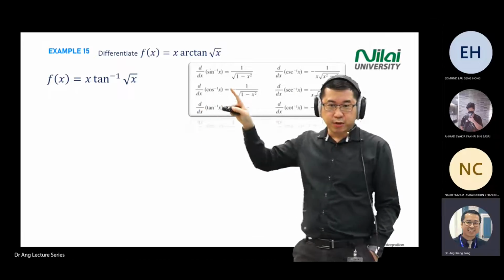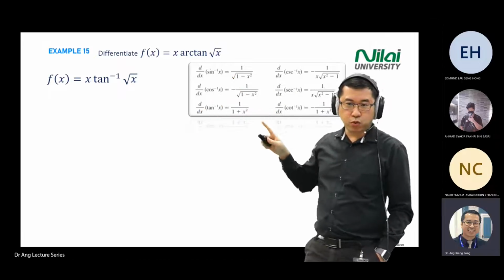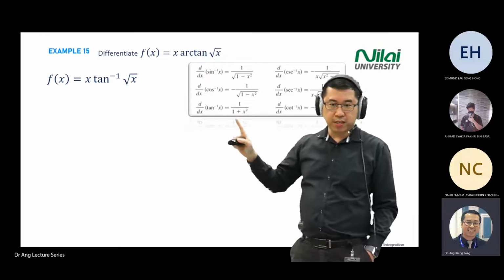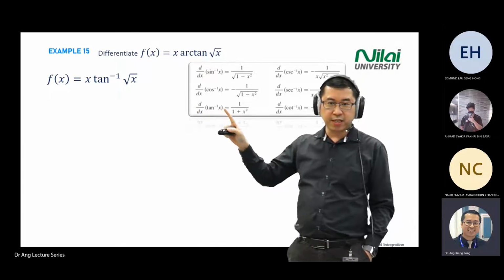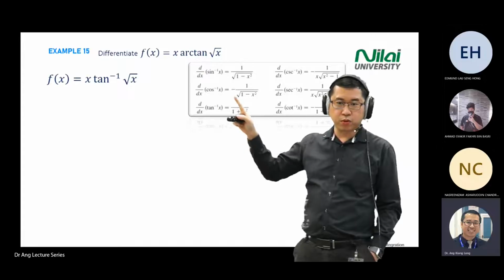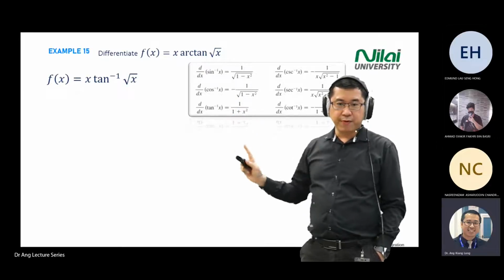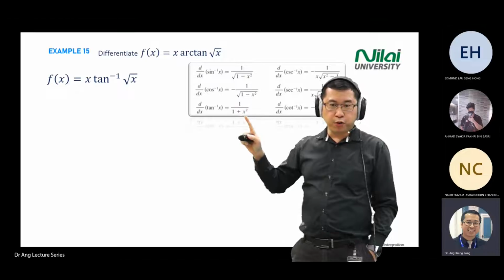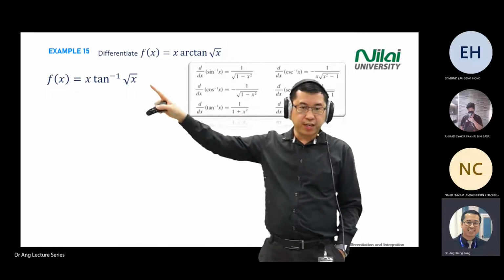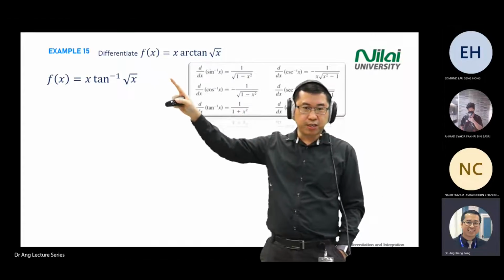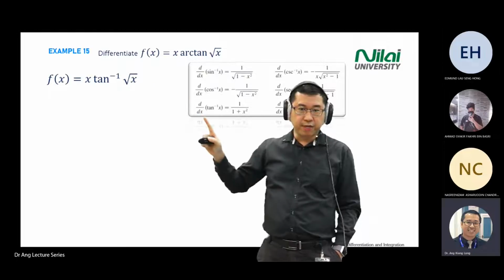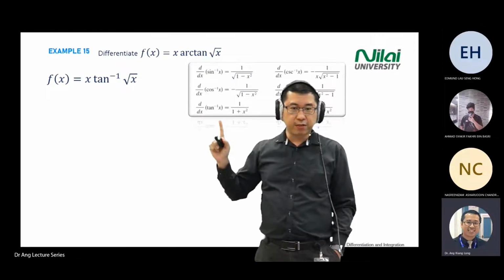You have 6 relationships to refer to, and tangent minus 1 uses this one. However, before you use this table, you have to convert the equation into the differentiation pattern with d over dx. Then you can use this table.